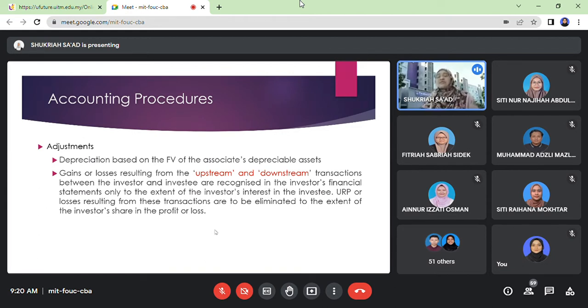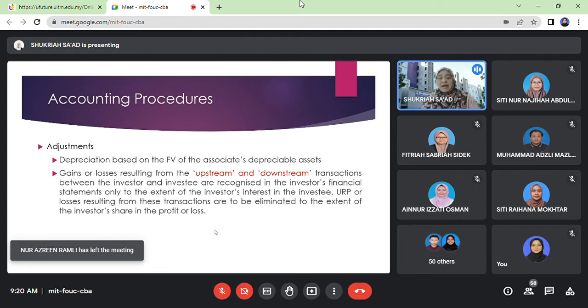When we have this transaction, what we need to do is identify how much the unrealized profit is for the remaining unsold inventory at the end of the year.